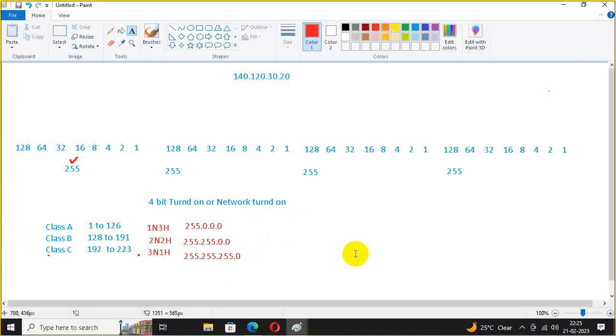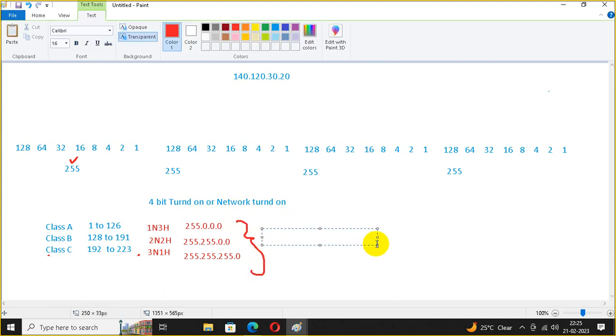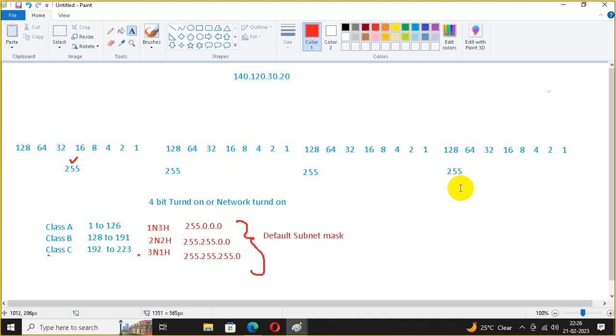Perfect. That means these are what we call the default subnet mask. Clear? Yes, sir.